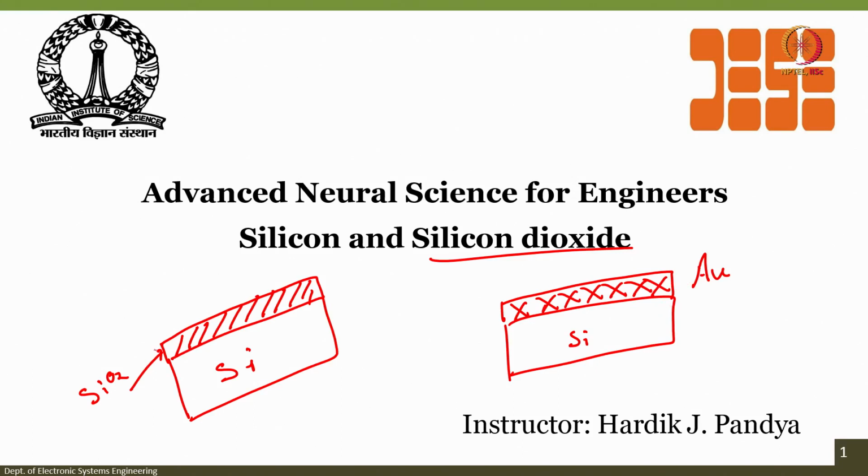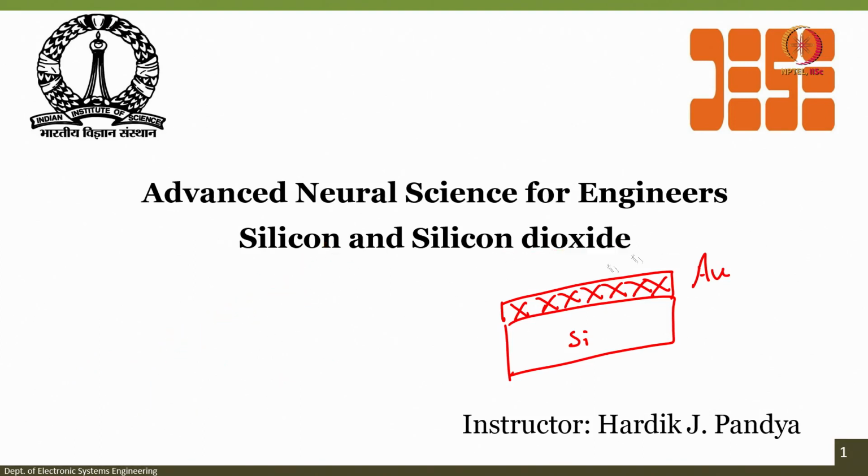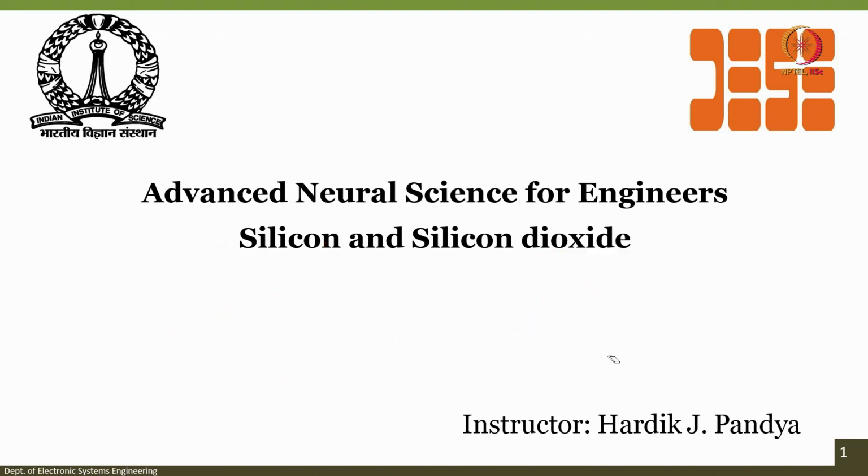I will have my silicon dioxide layer on silicon over which I will deposit gold. Now you do not have any short circuit because you are depositing gold on the insulating material. So that is how things are done. So this is silicon and silicon dioxide.